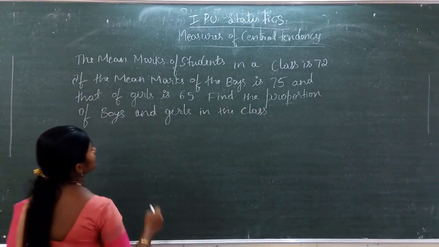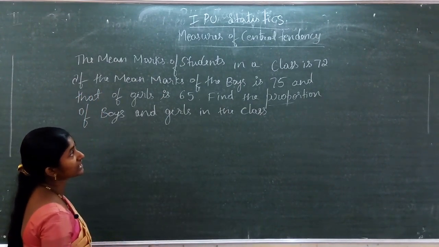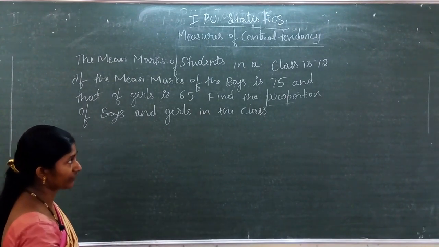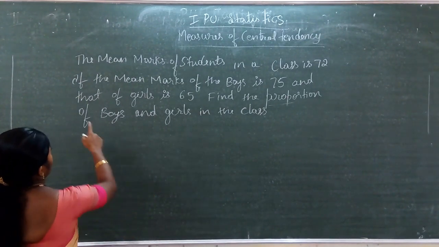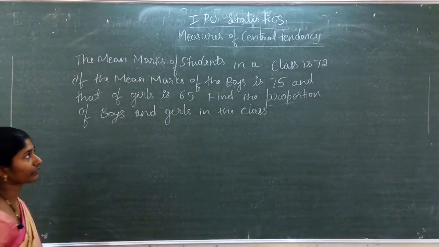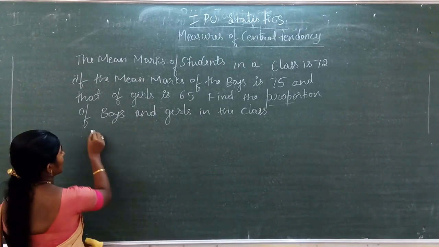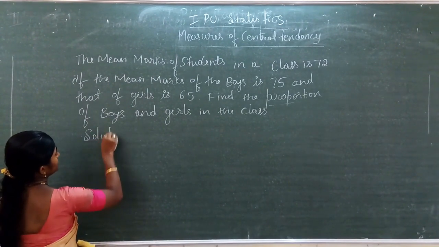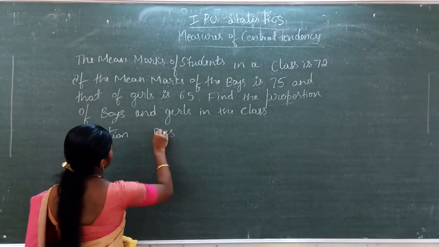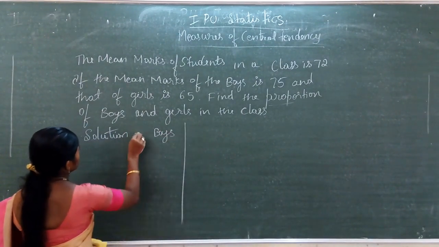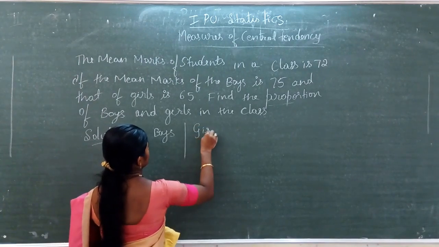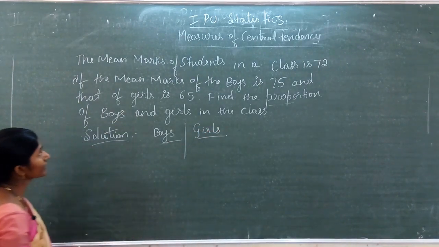Here the mean marks of students in a class is 72. The mean marks of the boys is 75 and that of girls is 65. See, these values are given. I will write boys and girls in the solution. You can group it this way.